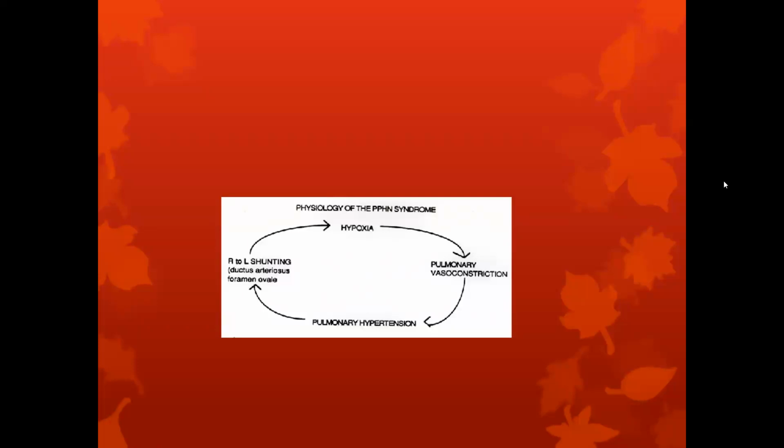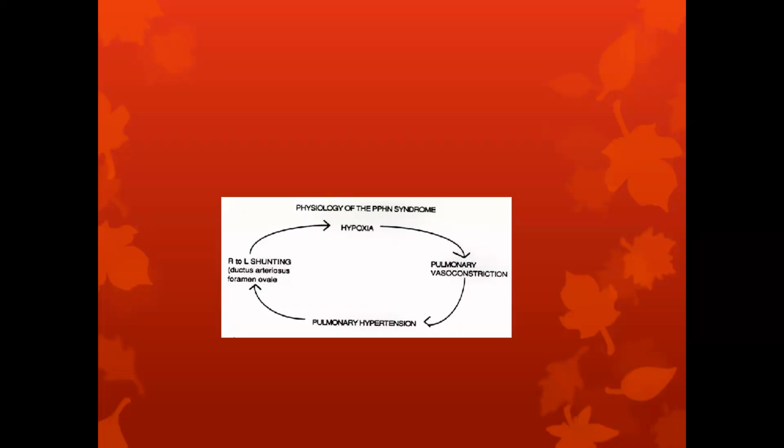I'm going to write that in the chat. So with PPHN, blood is shunted from the pulmonary artery into the aorta.